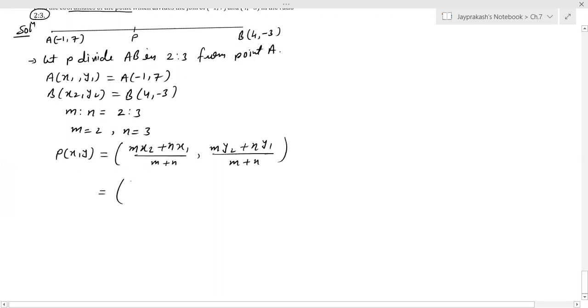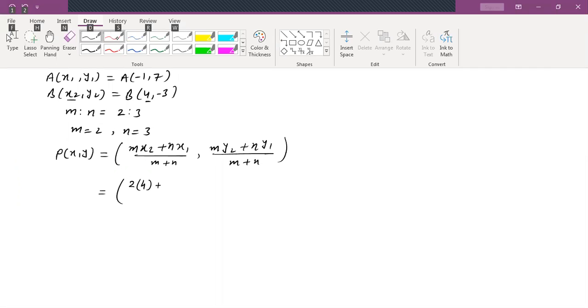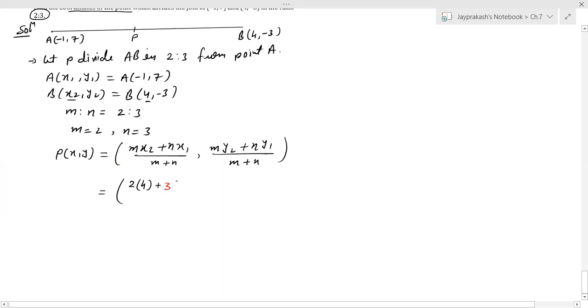We have already been given the value of m as 2. Then we have to write x2. So we have considered x2 as the B vertex, so that is 4. Then n is 3.